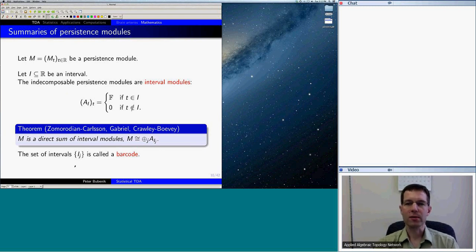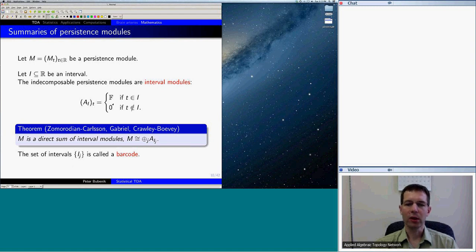The great thing about persistence modules is that they have some very nice algebraic structure. The indecomposable objects are exactly the persistence modules that are one-dimensional on some interval, with identity maps within that interval, and are 0 elsewhere.